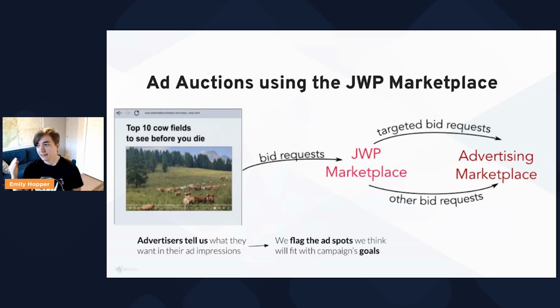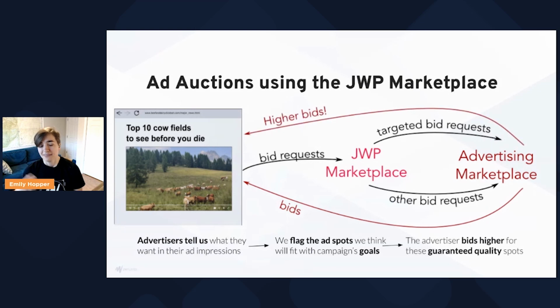So that means that we think that this particular ad spot is going to match up to the requirements, the targeting of a particular advertising campaign we're working with. And we'll send the others, anything that doesn't match that targeting, as a plain old bid request. Now, of course, we're still going to get bids back from these other bid requests, but we hope that we're going to get higher bids back on the targeting bid requests because the advertisers have this guaranteed quality of these ad spots.